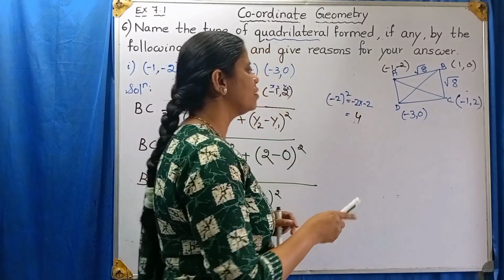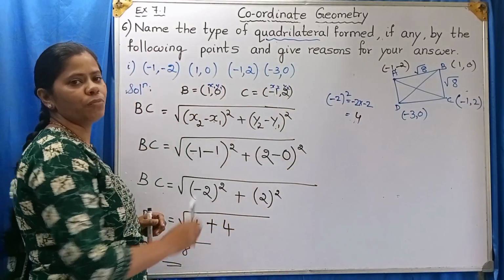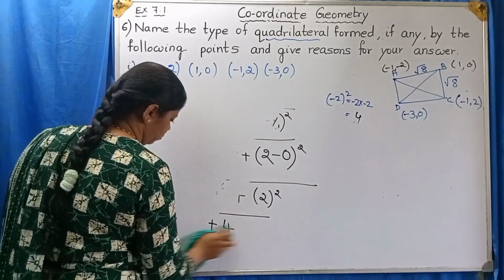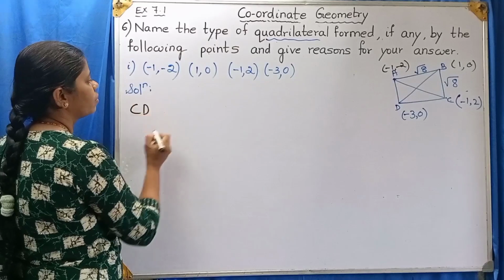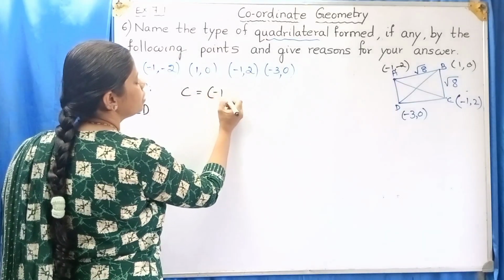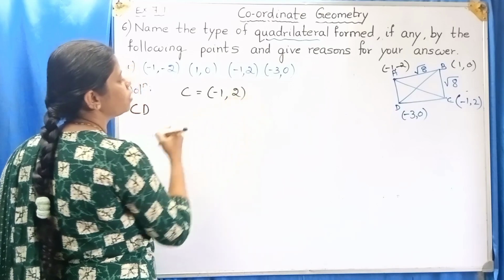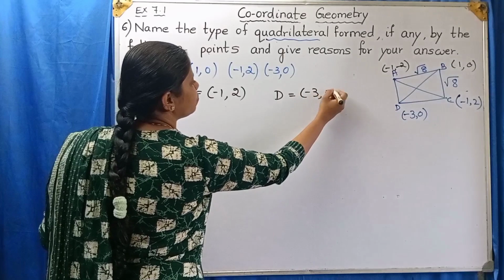Now let us find out the distance between CD. Okay. I am going to rub this. You can copy down. Let us find out the distance between CD. See here, the coordinates of C are minus 1, 2. And D is what? Minus 3, 0.